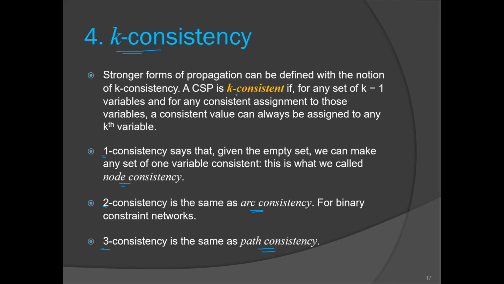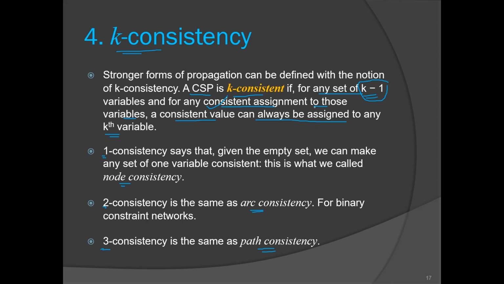A CSP is k consistent if for any set of k minus 1 variables and for any consistent assignment to those variables, a consistent value can always be assigned to the kth variable.